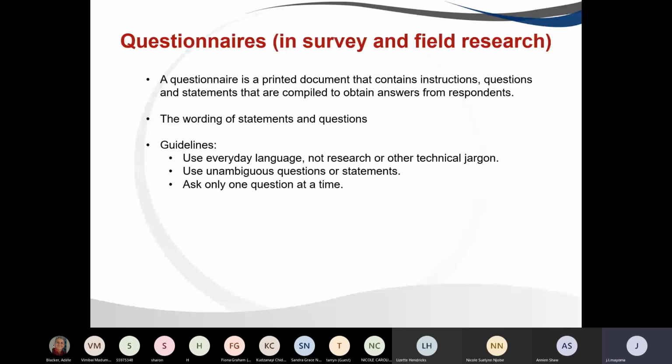So I think we've covered everything on this slide, and we just said that last one, just to ask one question at a time. Of course, sometimes you find there are two questions in one question, and that confuses the respondent because they would say yes, and then you don't know which question they're saying yes to.